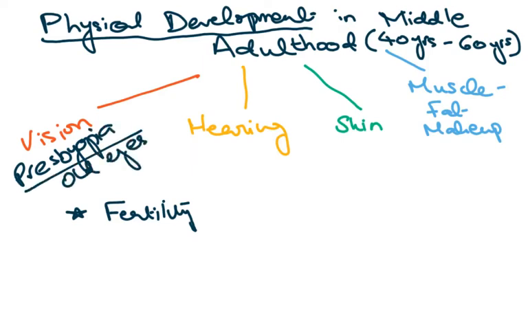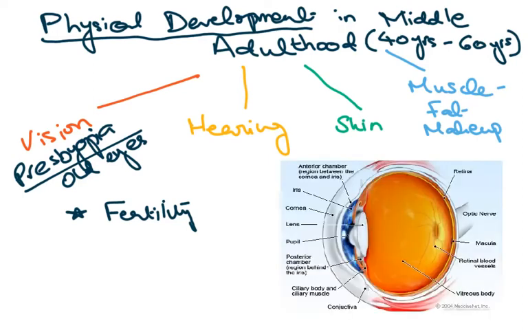And one of the influences on this steady decline in the ability to see and discern is that the elasticity of the lens has been affected. So here you see a structure of an eye, right? And what you can see here is the lens, right?